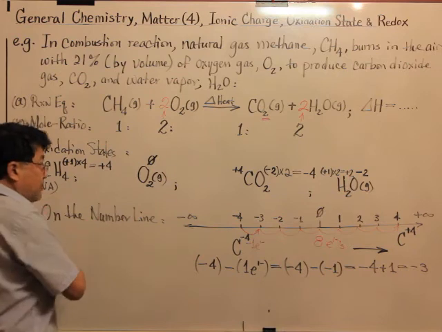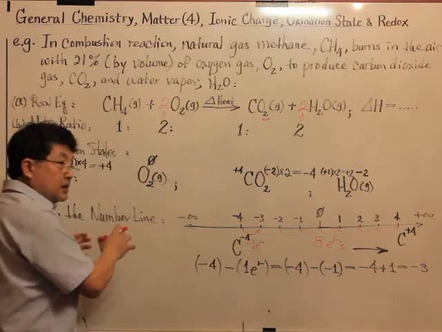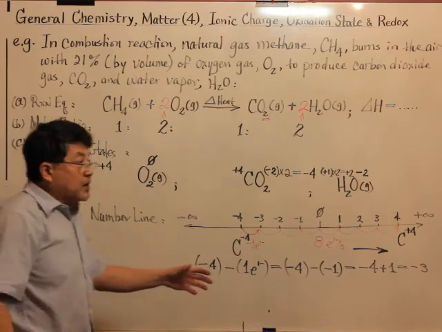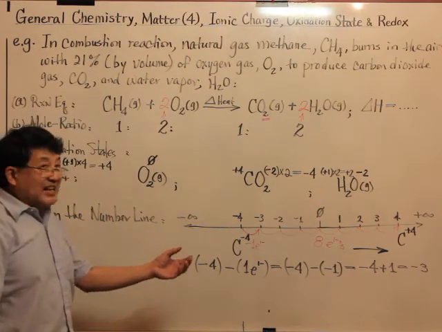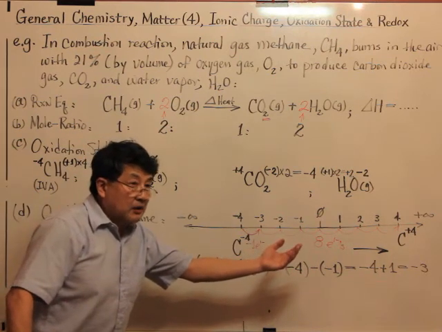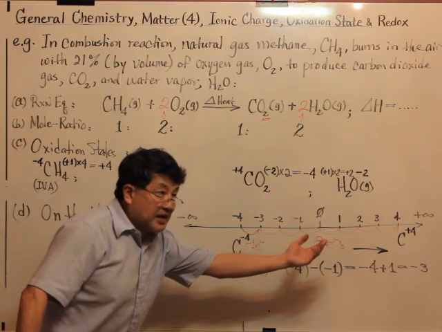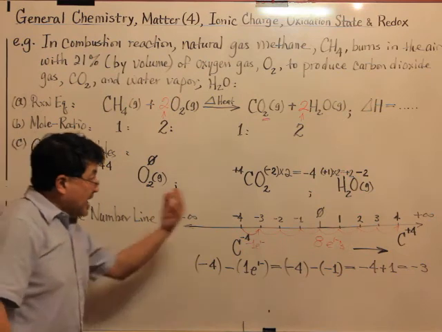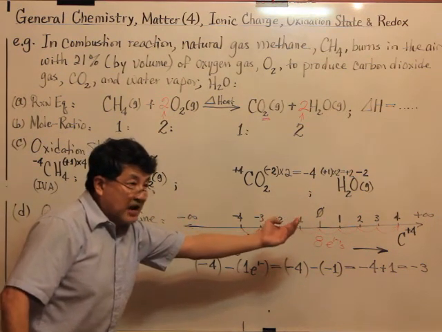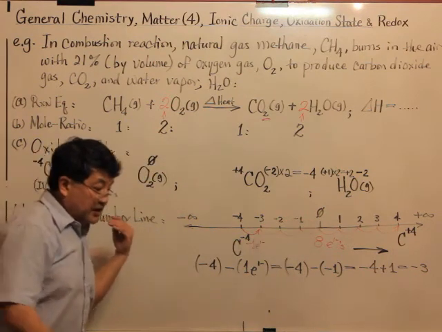We already explained this from the previous example for aluminum oxide, right? And we explained why we call it reduction: because the oxidation state, the value on the number line, goes from the right-hand side of the number line to the left. As far as the number line, when the value goes from right to left, it is getting what?